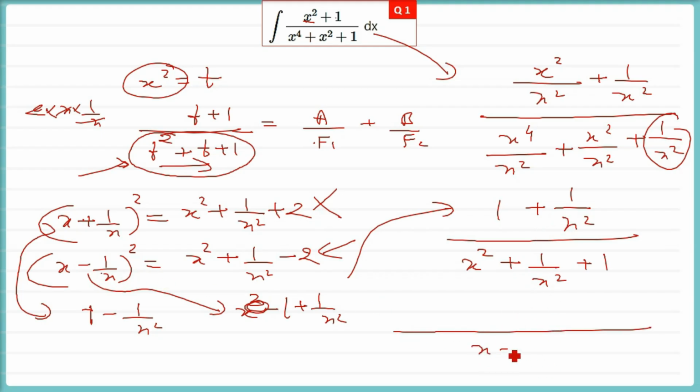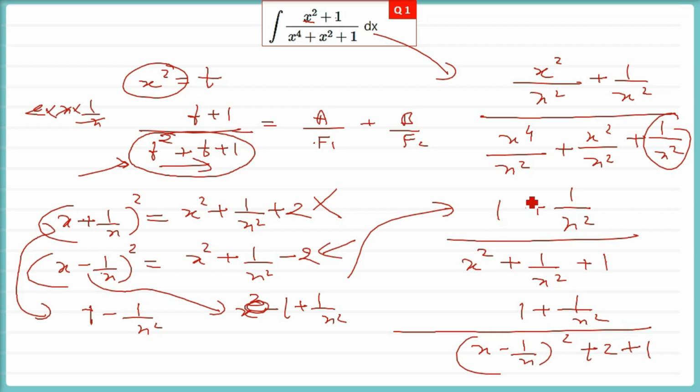In the denominator, you need x minus 1 by x whole square, because when you differentiate x minus 1 by x, you will get 1 plus 1 by x square after differentiation. So x minus 1 by x whole square is x square plus 1 by x square minus 2. So this minus 2 will come extra, so you need to add an extra 2 here. 1 is already there in this question. So 1 plus 1 by x square divided by this content.